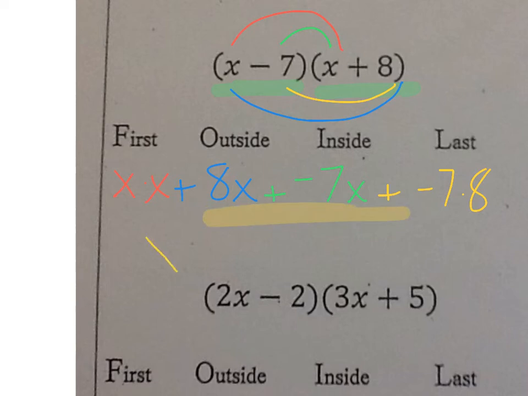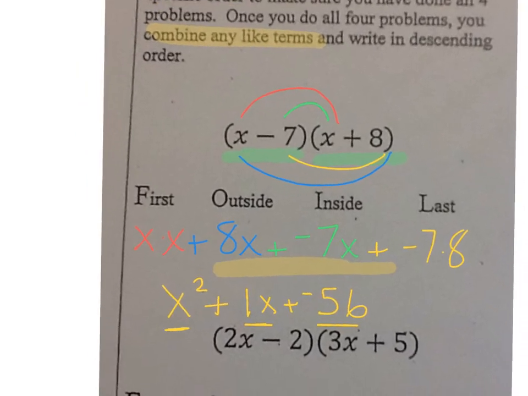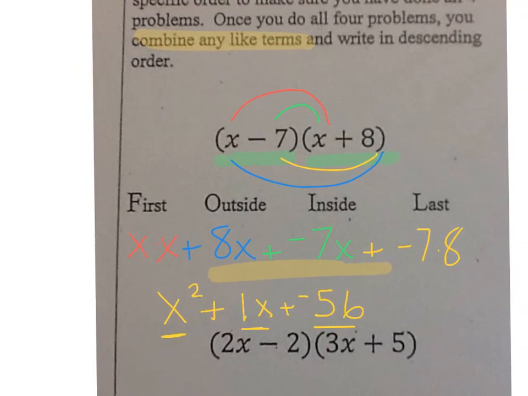Descending means that the highest exponent is first, and then 8x plus negative 7x is 1x, and then negative 7 times 8 is a negative 56. Descending order, biggest exponent, next biggest exponent, constant. Okay, so now we've done the FOIL method, or the acronym method, to keep track of it. Now we're going to do another and another, and then you get to decide what you want to do each time you're presented with binomials.